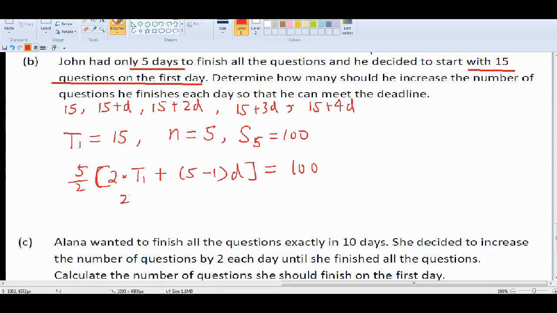Okay, so the things in the bracket become this. That's 2.5, and you divide 100 by 2.5. So that would be 40, right?